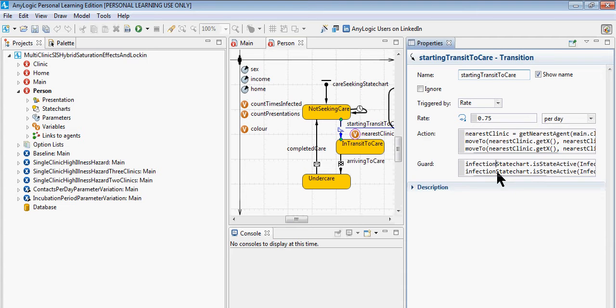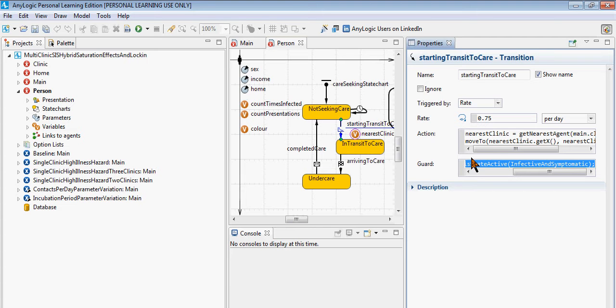Okay, so let's take a look at this model. What do we got here? Let's go down Main. Here in Main, there are three populations: one of clinics, one of people, and one of homes.